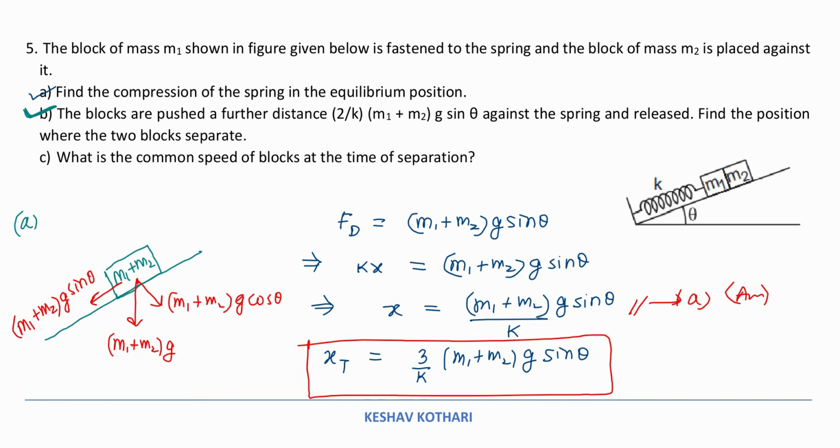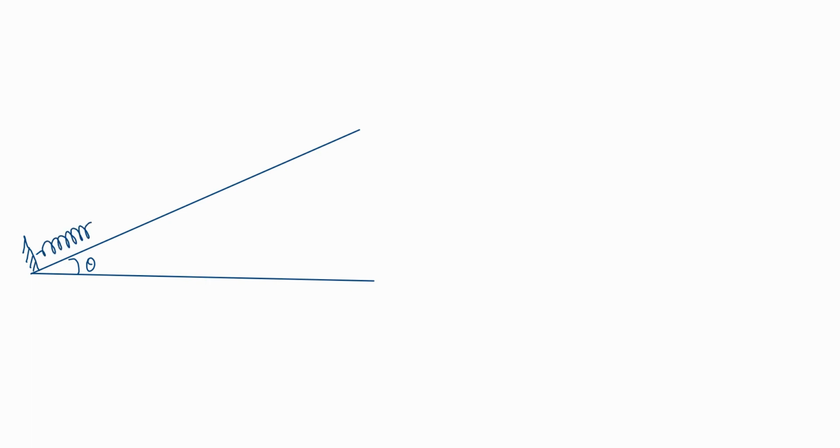Now the third part is: what is the common speed of the blocks at the time of separation? So at the time of separation, what is going to be the common speed? If I draw this system, at the lowest point, I consider this inclined plane inclined at an angle theta, and the system is in this particular state.